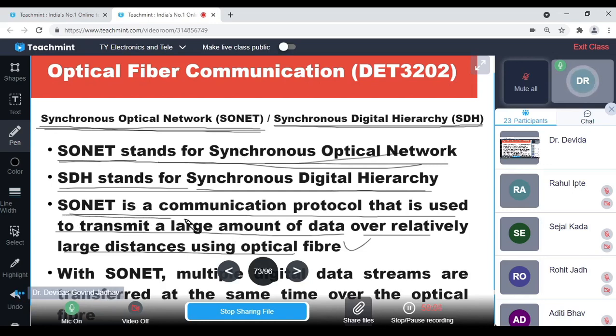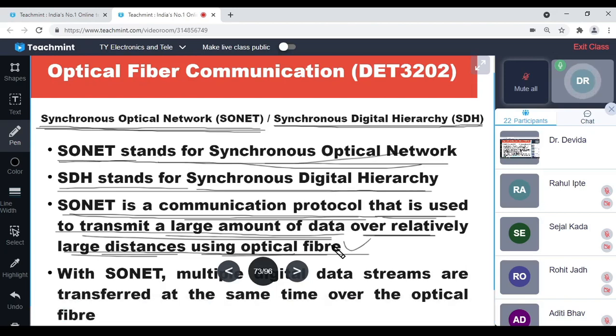SONET is a communication protocol that is used to transmit a large amount of data over relatively large distances using optical fibers. Optical systems always have communication over long distances because they have very low losses. So they are long haul communication systems.